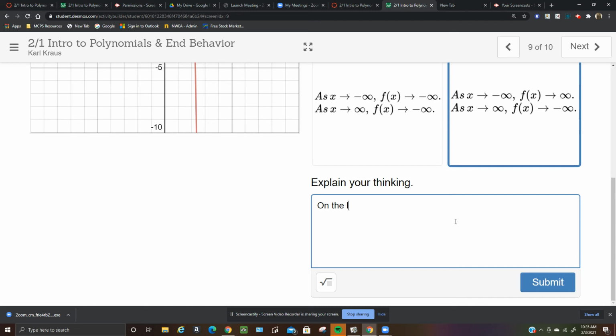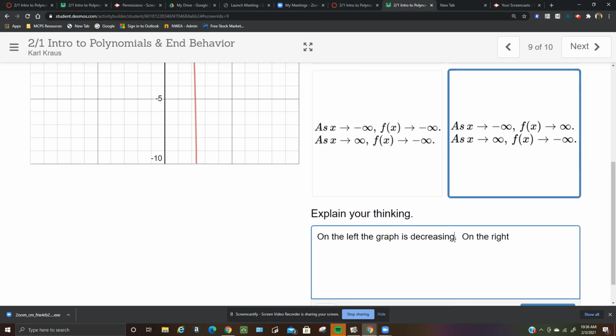So on the left, the graph is increasing to infinity.